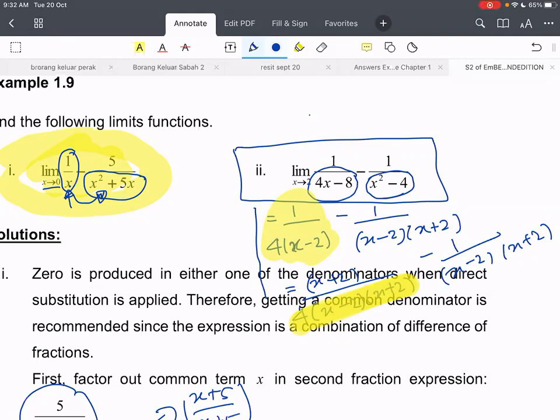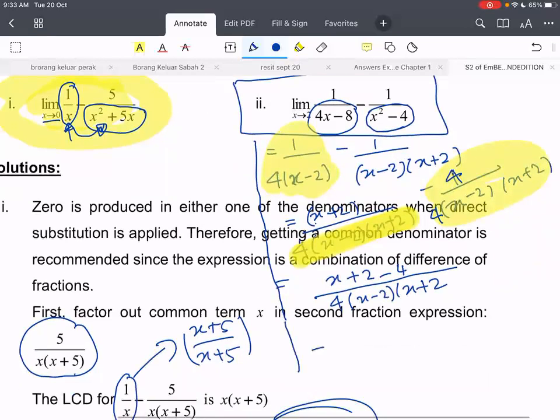It means that the second term here needs to be multiplied by 4 over 4. Only then you can have the same or common denominator. So we can combine this since it is already the same. x plus 2 minus 4 over 4(x minus 2)(x plus 2).